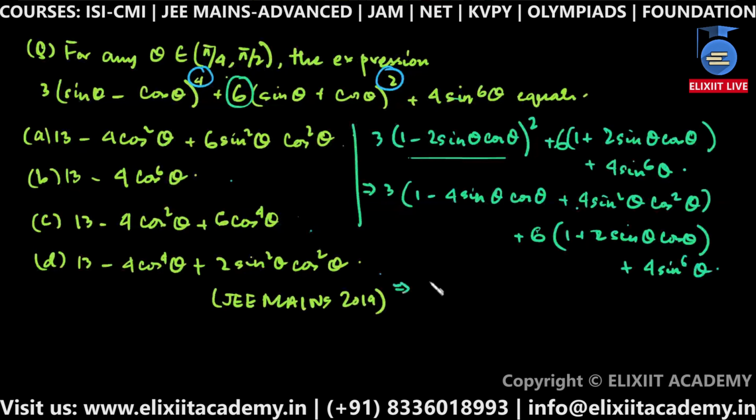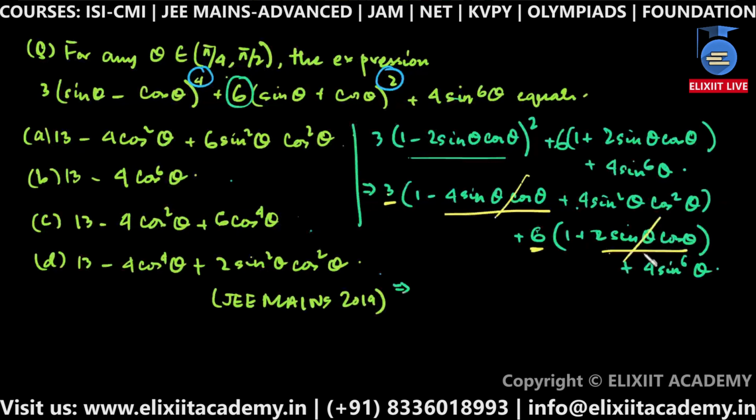Now what should we do? Basic simplification. Certain things you have to do very fast because the time factor is a big problem in this case. 3 into minus 4 sine theta cos theta, and here also you have 6 into 2 sine theta cos theta, so minus 12 sine theta cos theta and plus 12 sine theta into cos theta.